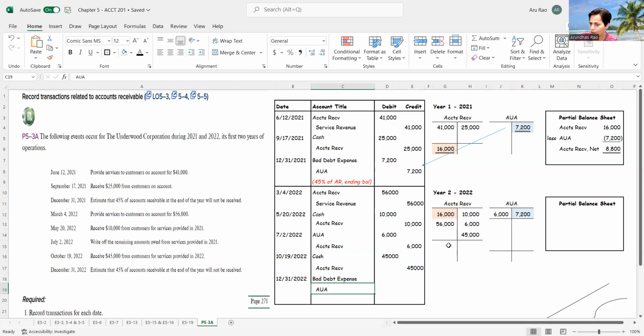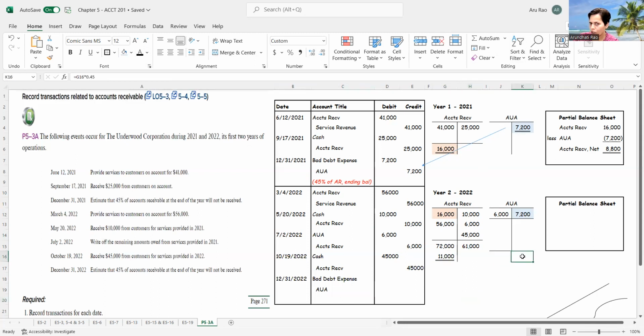So I add up the debits and I add up the credits in the accounts receivable account. I add up each of these two sides. I have 72,000 here and 61, which means my balance is 11,000.